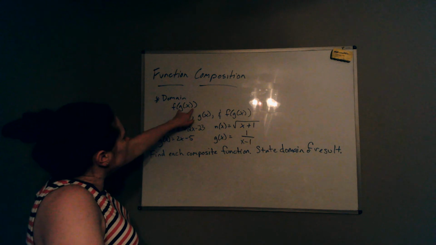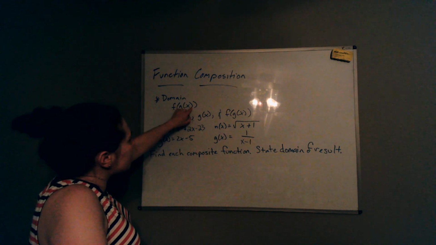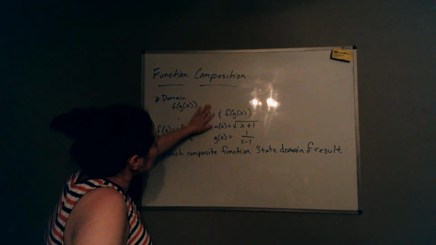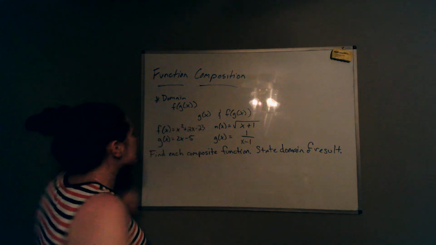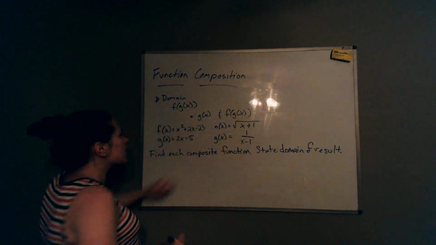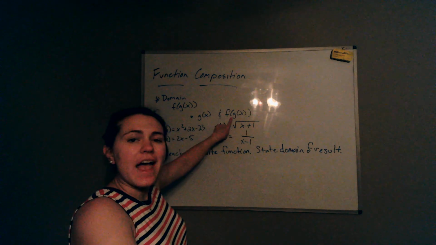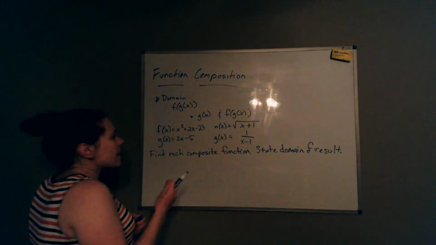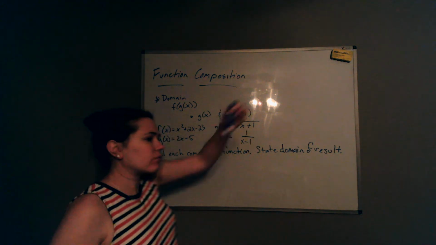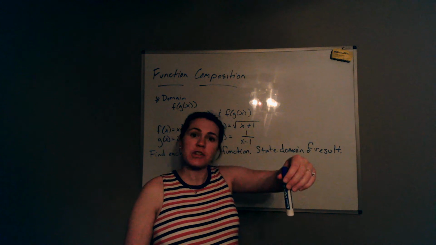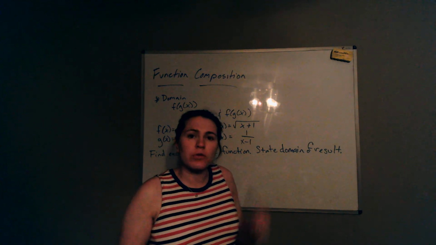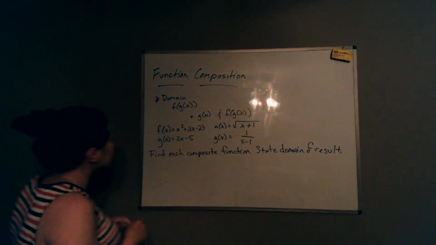You have to check the domain of g of x, and you also have to check the domain of your newly composed function f of g of x. So you never really have f of x. You have values filtering through g of x, and then the values that are going through f of g of x.